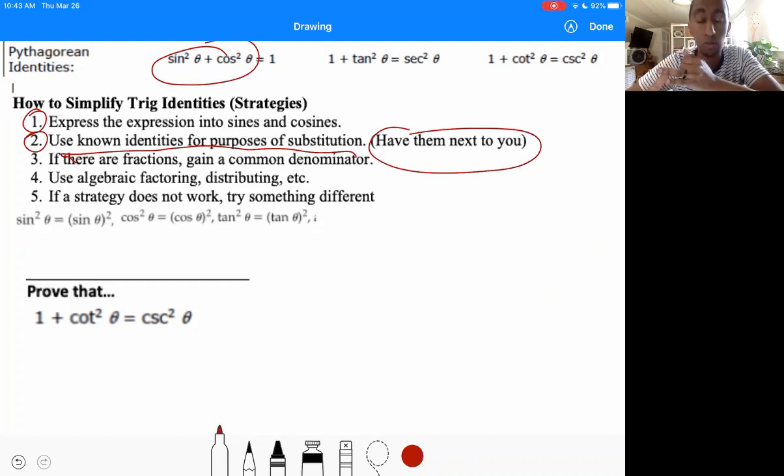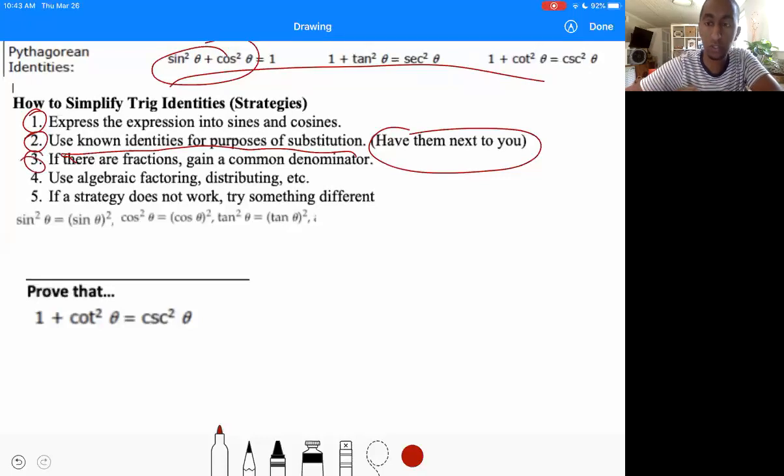I would have the reciprocal identities: cosecant equals 1 over sine, and all of those. I would have the Pythagorean identities, these 3 right here. I would also have the manipulated Pythagorean identities, what they equal when you move things around within them. I would have those next to you, and anytime you see them, simplify.